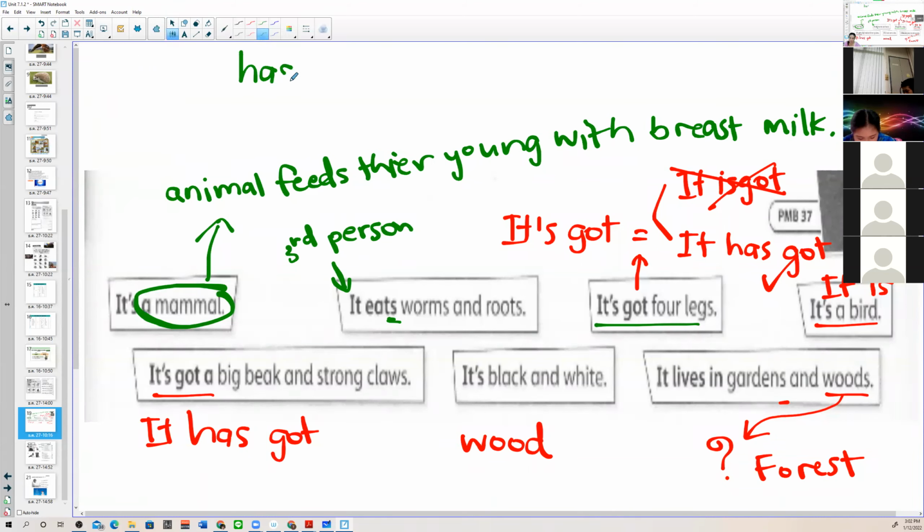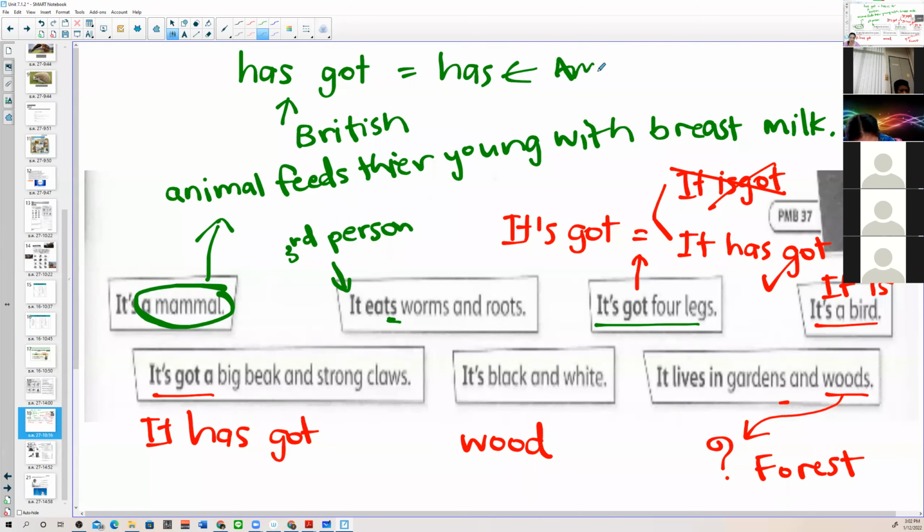Has got, I think it's a British way. It's equal to has. Has got is the British way of saying it, and has is the American way to say it. I think, or it's just twisted around. I'm not sure anymore.